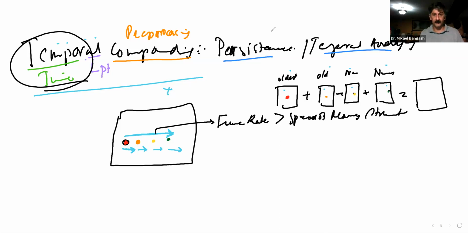The greater the frame rate, and if it is greater than the speed of the moving structure, the more able we are to capture its movement from here to here to here, and so on, like that.